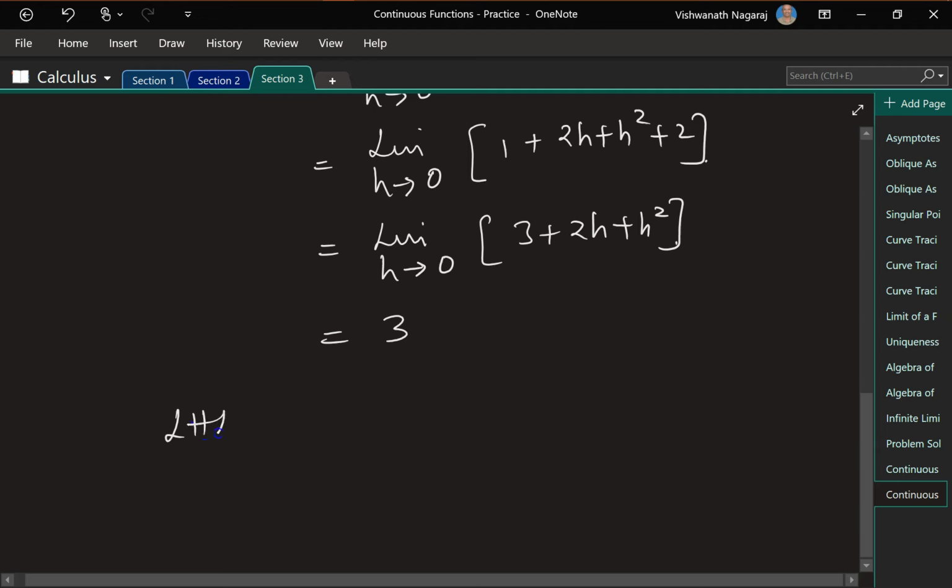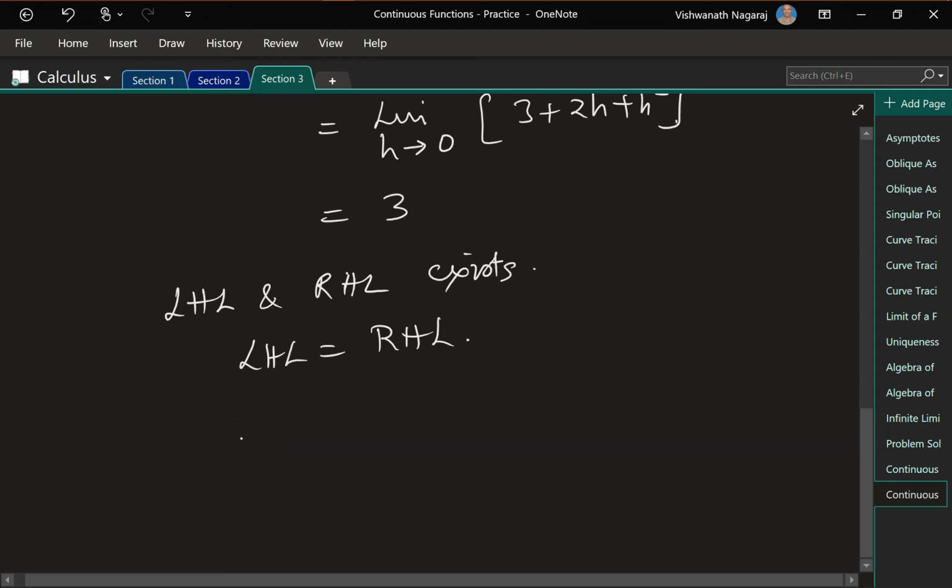So LHL and RHL exist. Yes. And LHL is equal to RHL. Now we have to figure out the other condition, that is f of 1 should also exist.